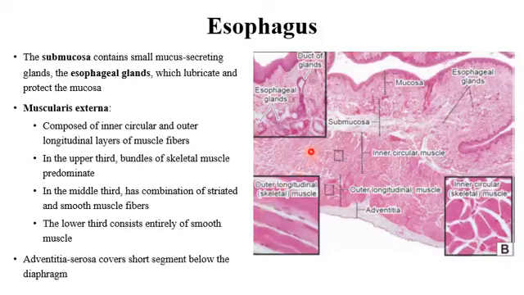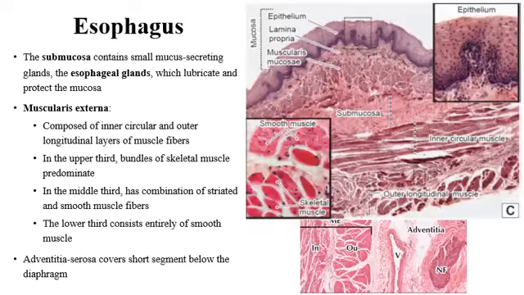In the upper third of the esophagus, skeletal muscle fibers predominate in the muscularis externa, while smooth muscle cells predominate in the muscularis externa of the lower third of the esophagus. Now, how about the middle third? The middle third represents a transitional zone where the skeletal muscle fibers are gradually replaced by smooth muscle cells.